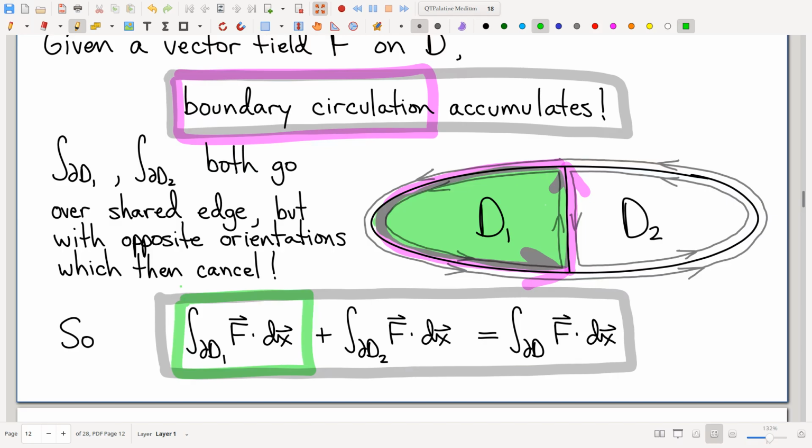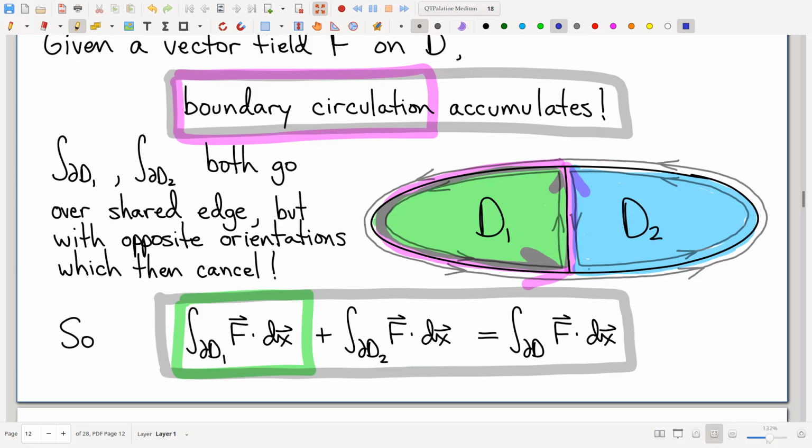Now let's talk about D2, being the other side, if you will. And let me color that in. So if I wanted to draw a picture of the boundary circulation for D2, again, go around the boundary, follow the rules for orientation, and take the line integral on that curve.